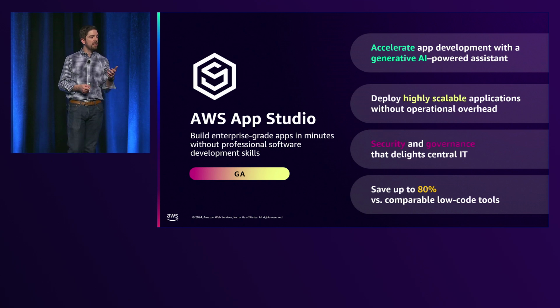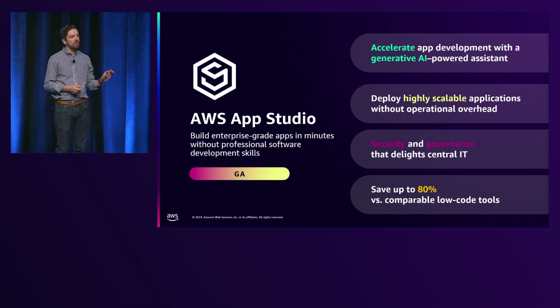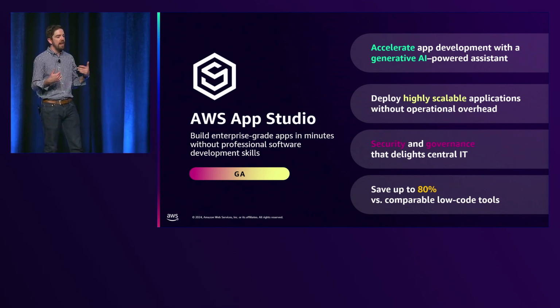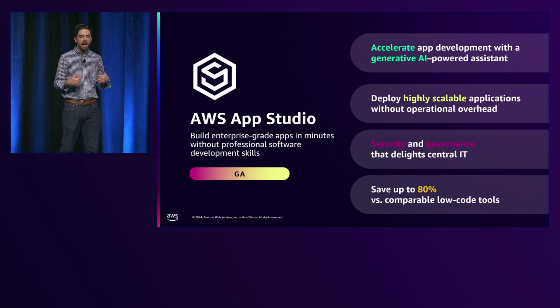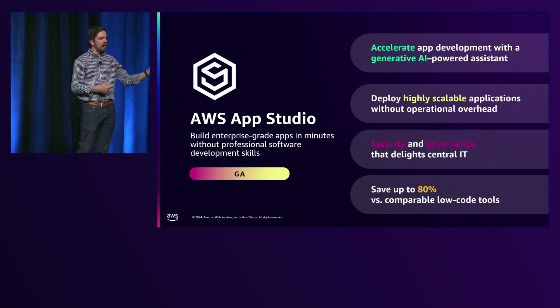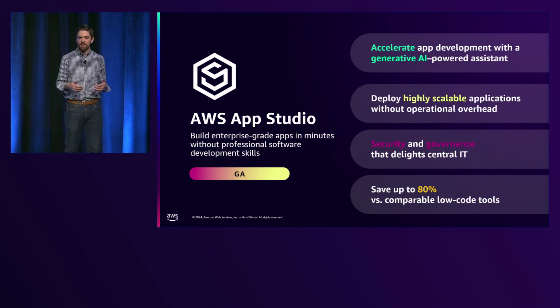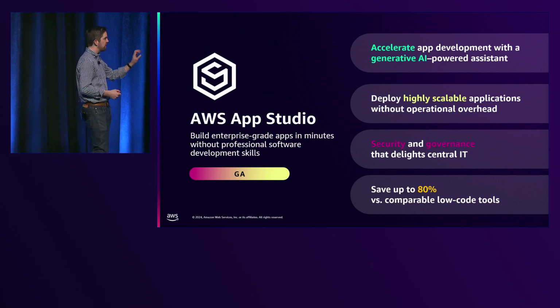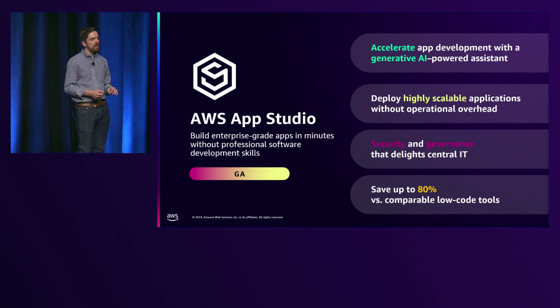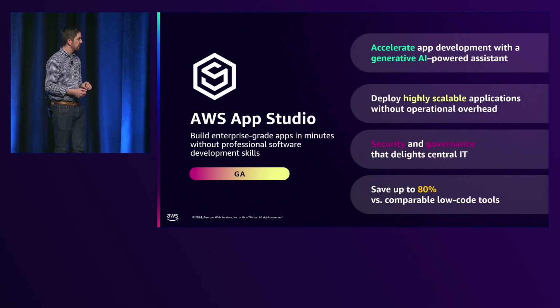Additionally, if you're connecting to third-party systems, end users authenticate using OAuth as themselves. So from an app, if I'm making a request to Salesforce or to HubSpot or Twilio, I'm doing that as the end user. I'm not doing that as a privileged user, an integration user, or anything like that. So I am only seeing the data in my App Studio app that I would see if I was logging directly into that third-party application.